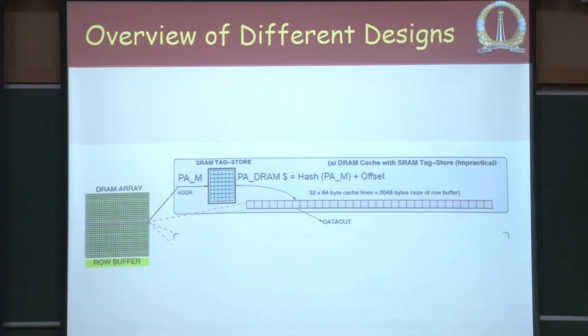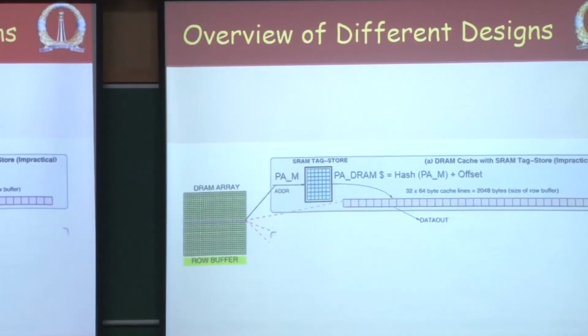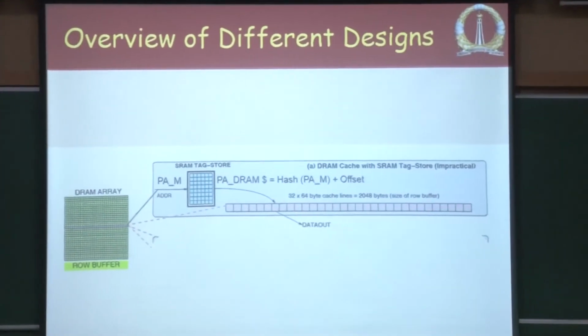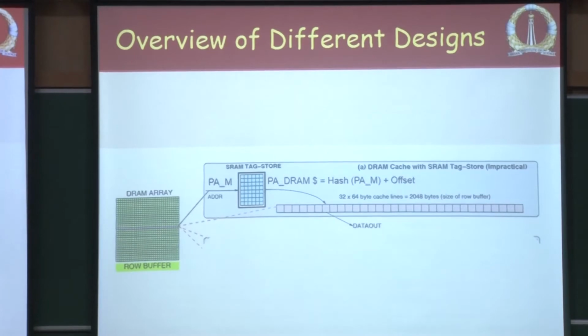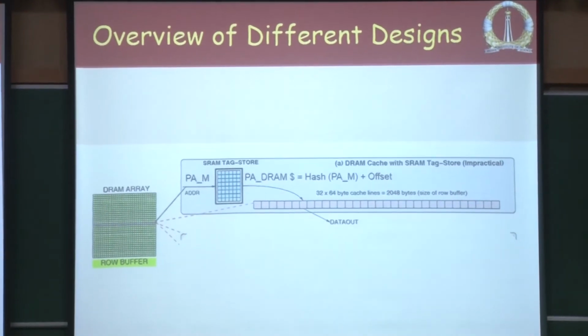There are a few things that I have actually not said, I am going to talk about that now. Whenever you talk about a cache organization, particularly a set associative cache organization, what you do is that you have the address, you index into that set, you get all the tags, do a tag comparison, and then that tag comparison will tell you whether the data is available in that cache or not.